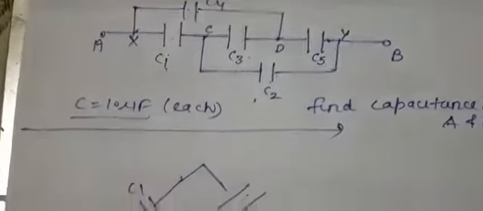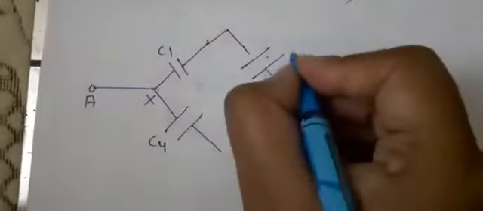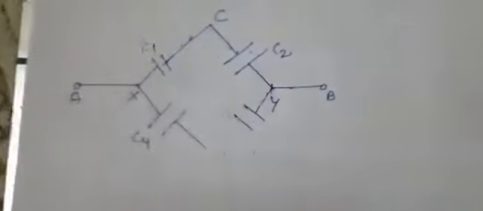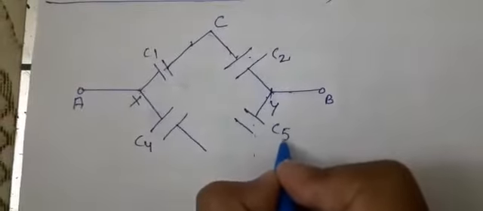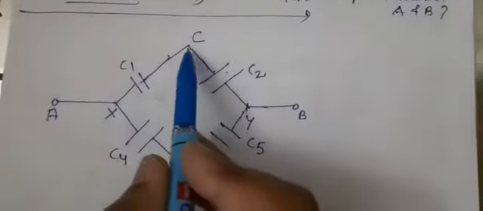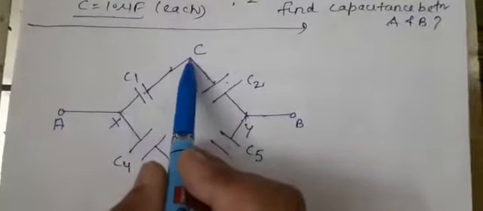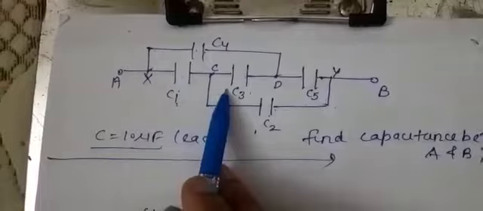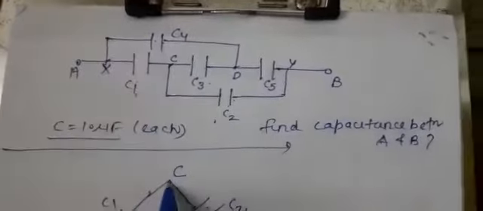See here, if this is C2, then C1 and C2 are connected at terminal C. So obviously this will be C5. And we have seen in the figure that C is also connected to one plate of C3. So now we will draw it.